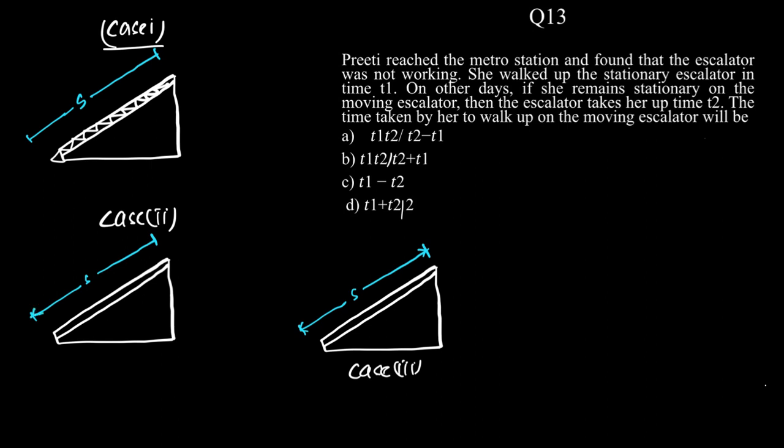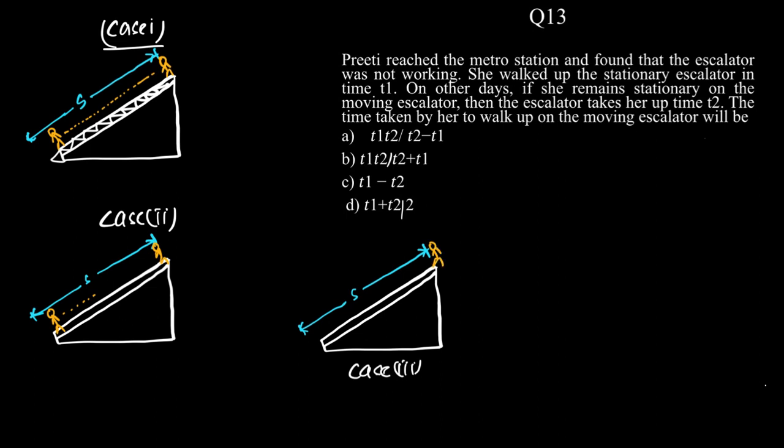Now, let us try to understand the given aspects of the question. She walked up the stationary escalator in time t1. Okay. So let us first assume that there is a person standing here, and the person is moving. Eventually, the person reaches the final point. The same story repeats here too: the person is standing here, is moving, and reaches the final point.